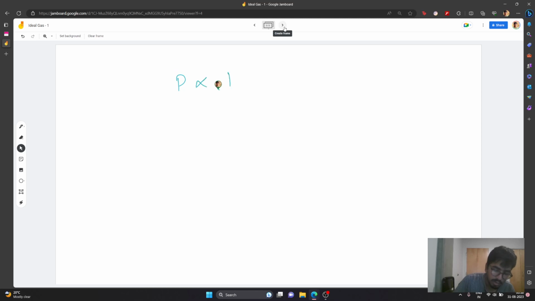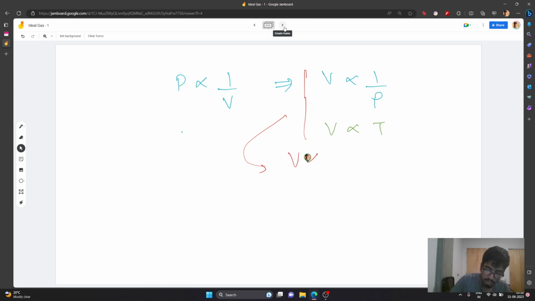We know pressure is this, which we can also write as this from Boyle's law, and at the same time we know from Charles' law that V is proportional to temperature. We can combine these two equations and say that volume is proportional to temperature by pressure, right? And then simply we can say V equals some constant times temperature by pressure.